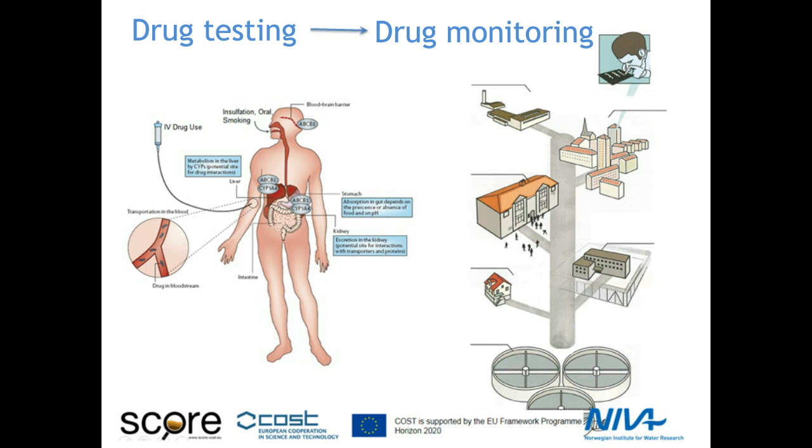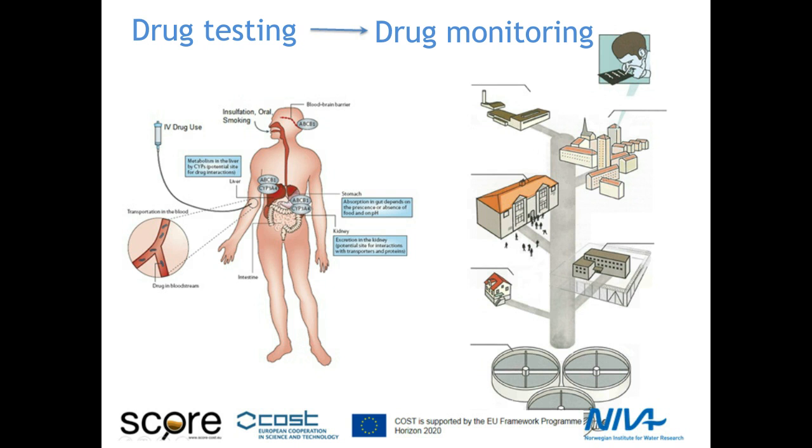And so we can assume that everyone connected to that pipeline, for example, has urinated during that period of time, and we take a sample from there and we can back calculate and have a good understanding of what drugs, for example, people have taken. So we've gone from drug testing of individuals to, for example, drug monitoring of the entire population.